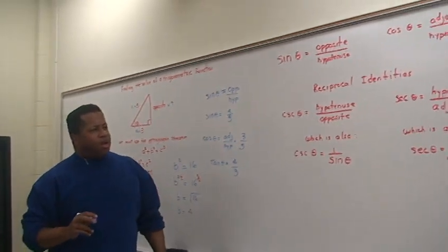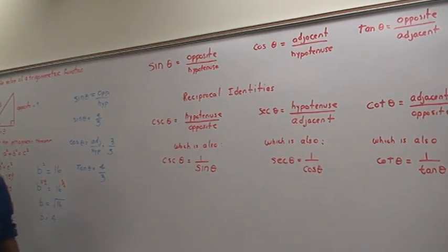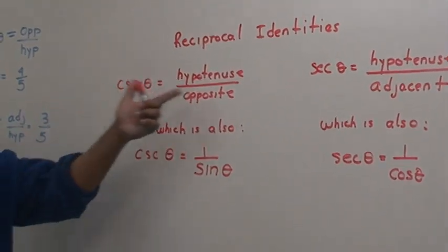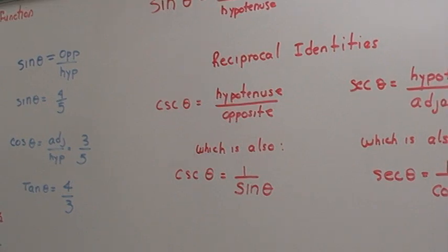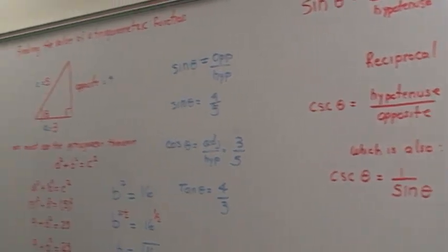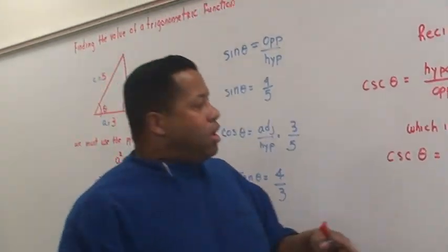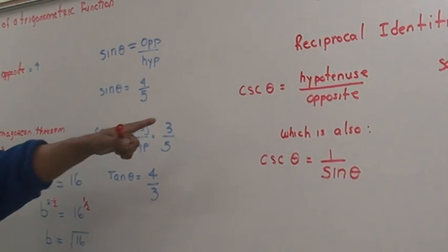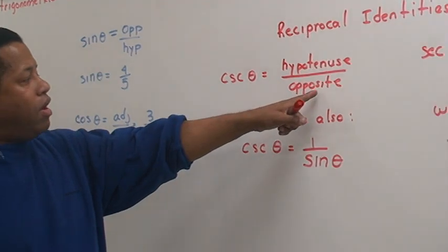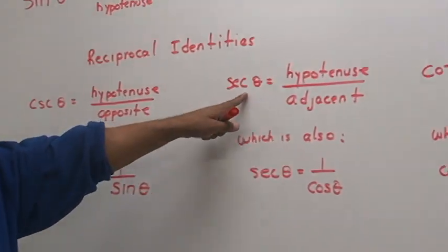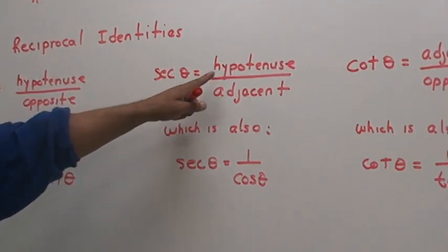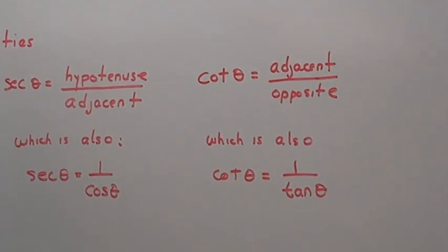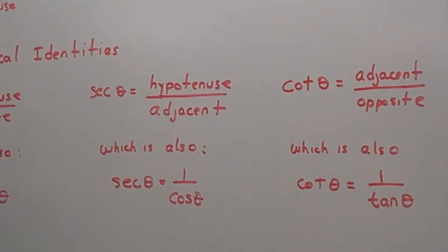Now, we're not quite done yet, because I would like us to use the reciprocal identities, the other three basic trig identities. Cosecant represents the hypotenuse over the opposite side, secant theta is the hypotenuse over the adjacent side, and cotangent is the adjacent side over the opposite side.